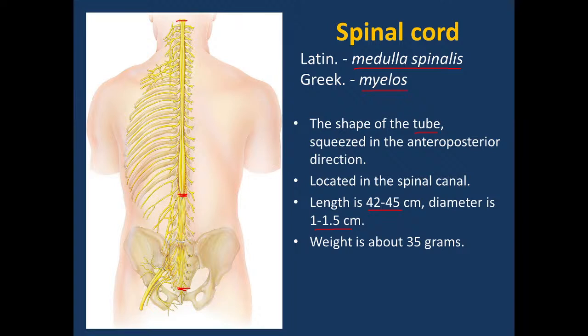So the lower part of the channel is empty. There is no spinal cord inside. Instead of, we see this structure, and we call it cauda equina.